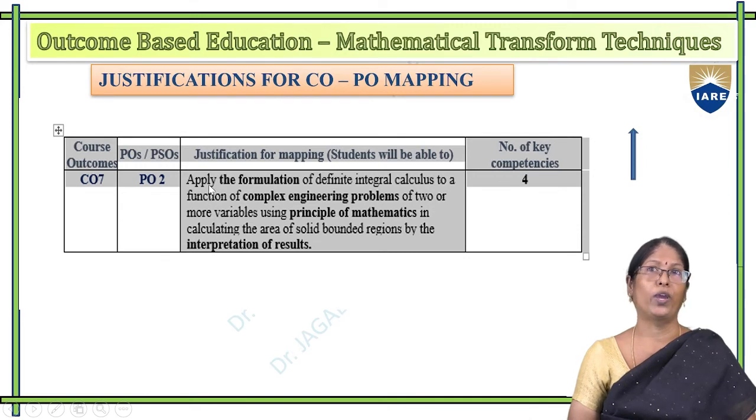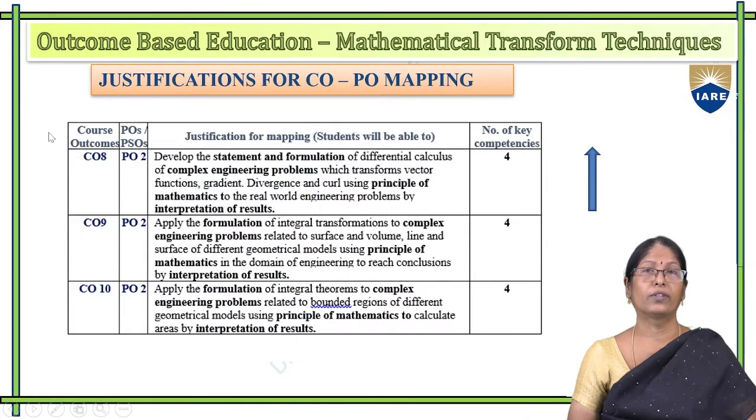In such a way the CO and PO mapping is given: apply the formulation of definite integral calculus to a function of complex engineering problems of 2 or more variables, using principles of measurement in calculating the area of solid bounded regions, by the interpretation of results.